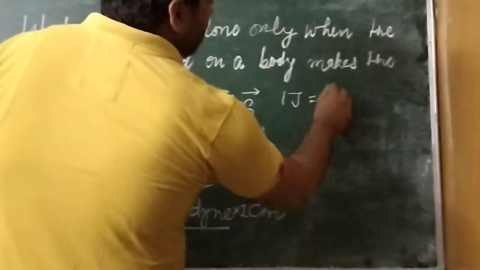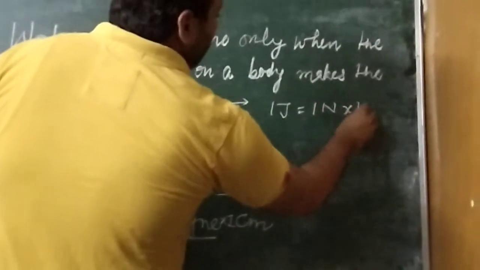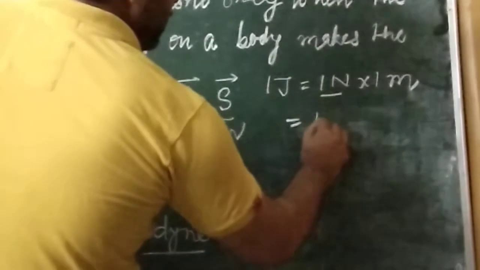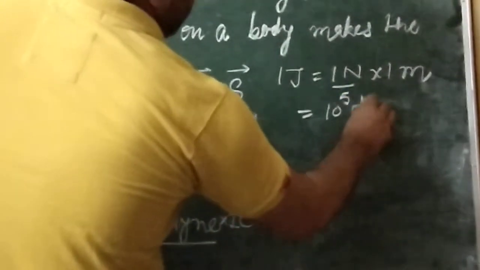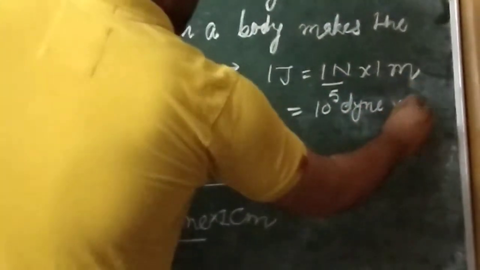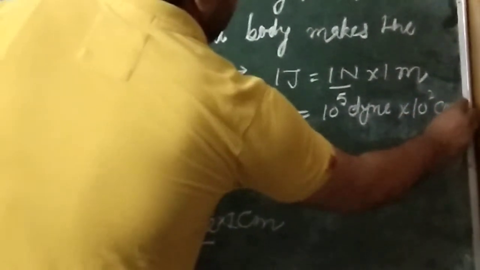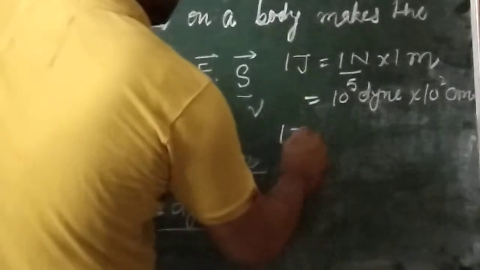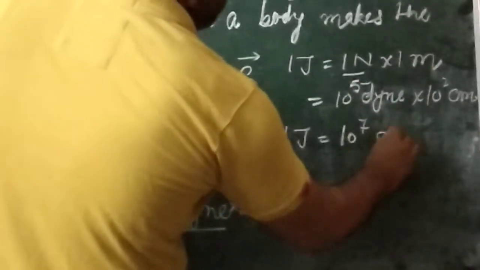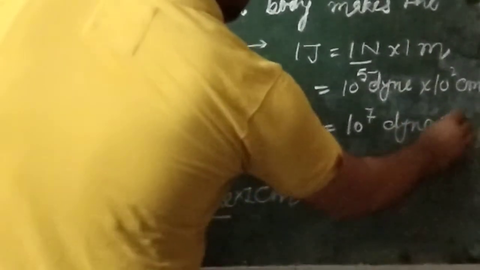Students, now we will do the relation between joule and erg. So 1 joule equals 1 Newton into 1 meter. 1 Newton is 10 raised to power 5 dyne, that we have done in the previous chapter, and 1 meter equals 10 raised to power 2 centimeter. So 1 joule equals 10 raised to power 5 plus 2, that is 7, dyne centimeter.